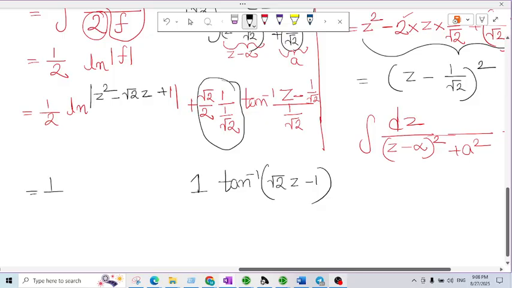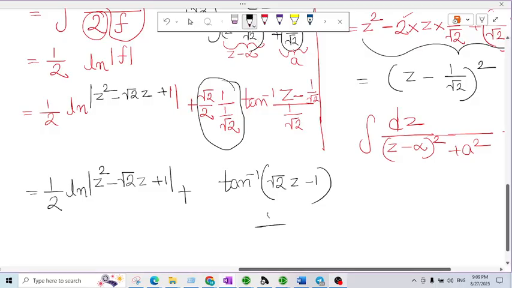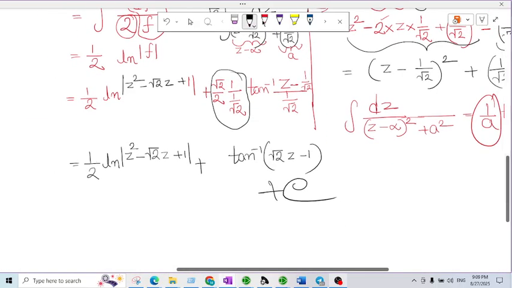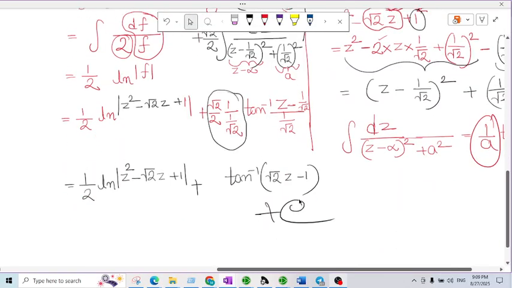And here I have half ln z square minus root over 2z plus 1. You see, I use a modulus here, but no modulus inside tan inverse. And you can write here c, a constant, but that's not a big deal. Okay, actually it's a big deal, but we will use it later.